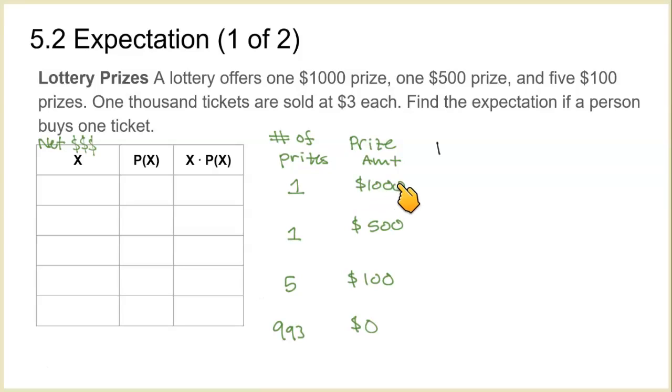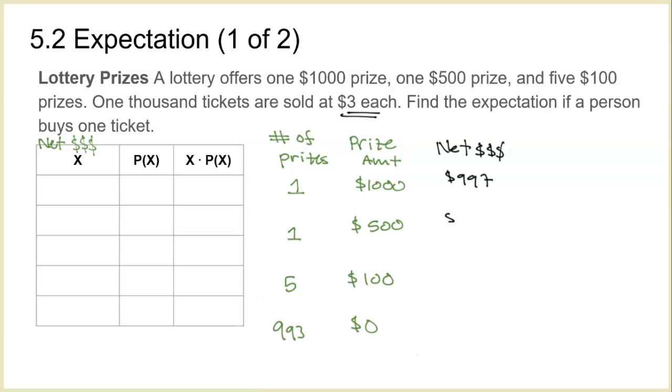So now that we have in mind our prize amount, we think about, well, how much money do we really walk away with? So if I buy a ticket, and I win that grand prize of $1,000, technically the net amount that I walked away with was $997, because I spent $3 and they gave me $1,000 back for my winnings.